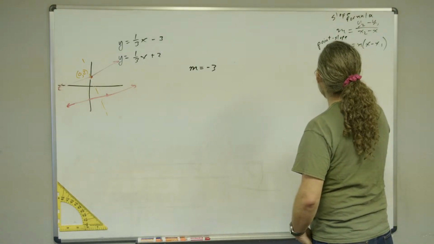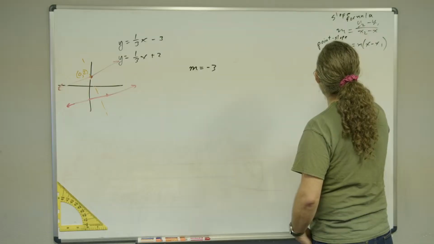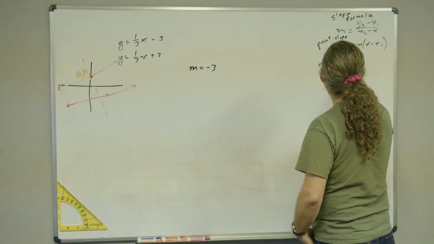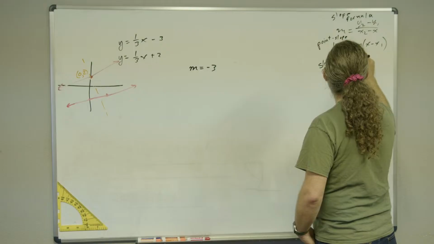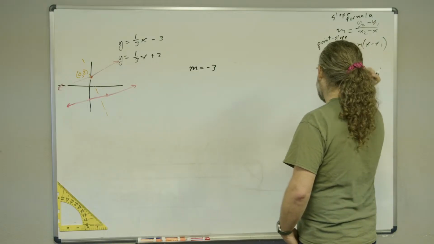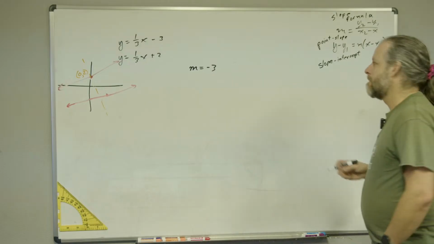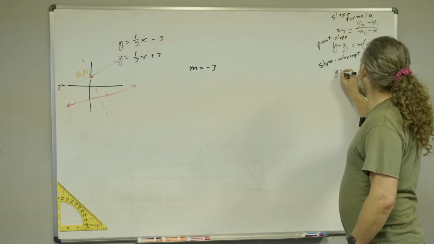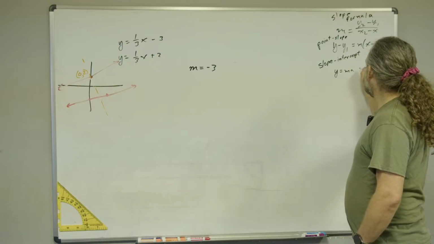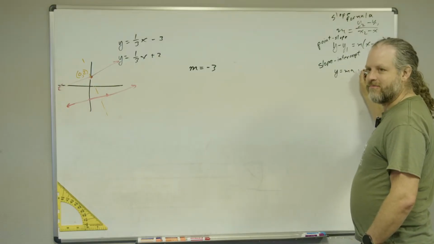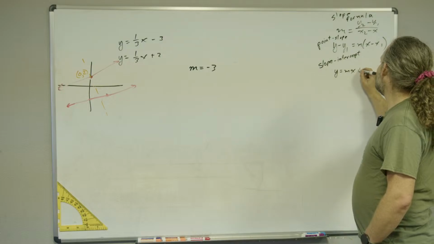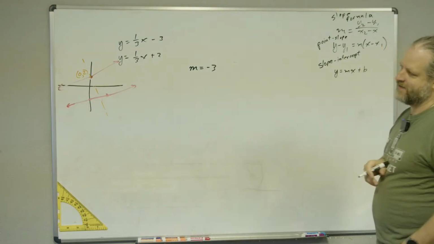Well, that's fine. I'm not just talking to you. You're one of the ones trying to say things today. Slope-intercept. What is slope-intercept form? y equals mx plus b. That's true. Great.